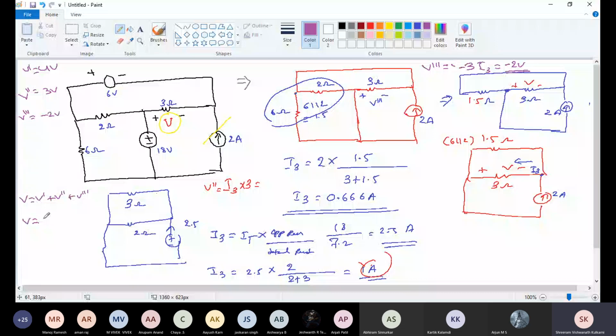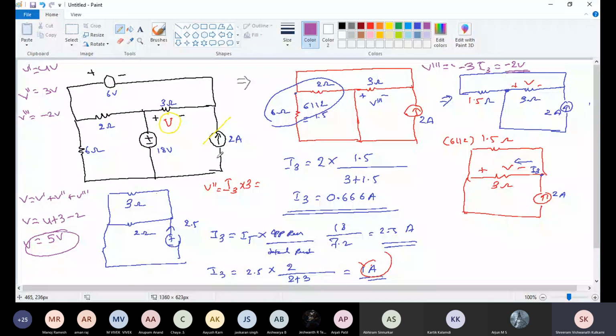4 plus 3 minus 2. Total is 5 volts. The voltage across the 3 ohm resistance is 5 volts. See here, the steps are simple.